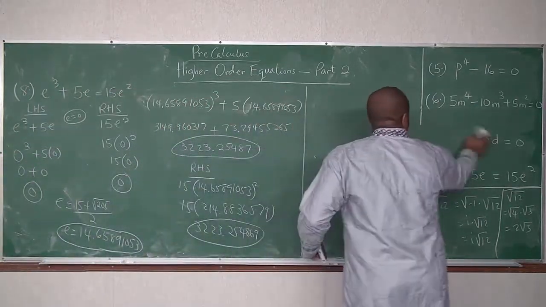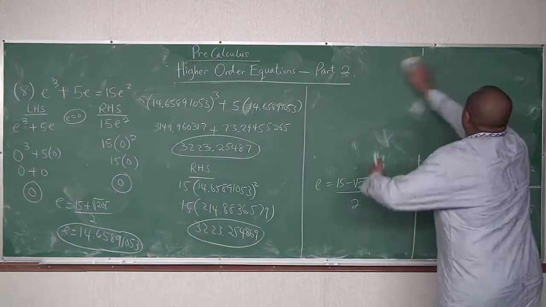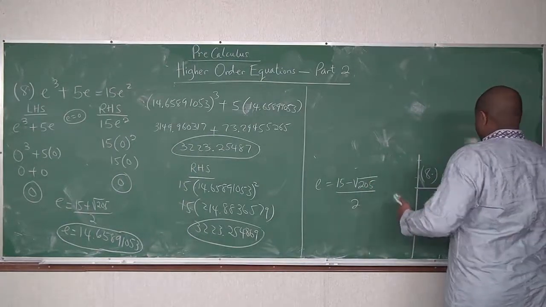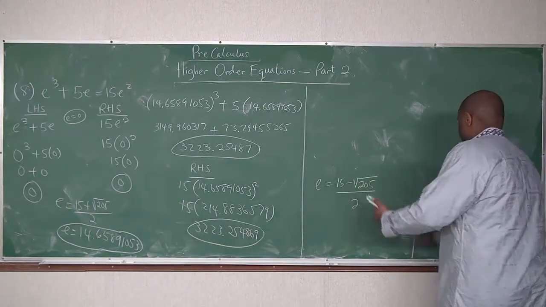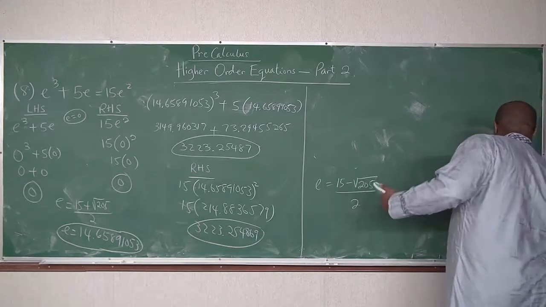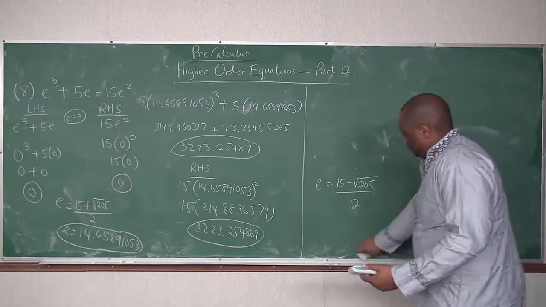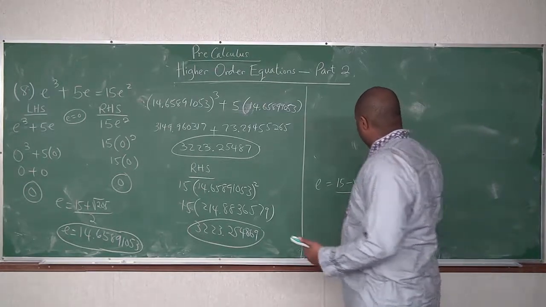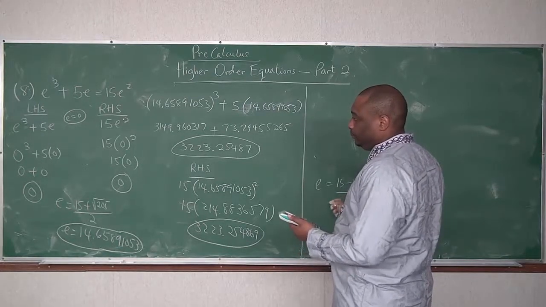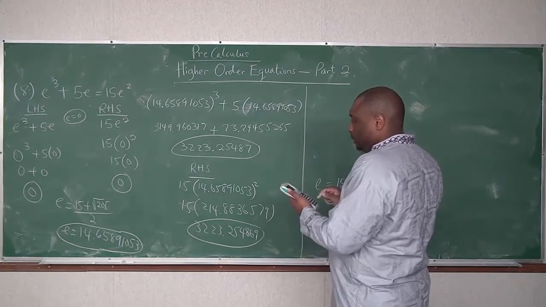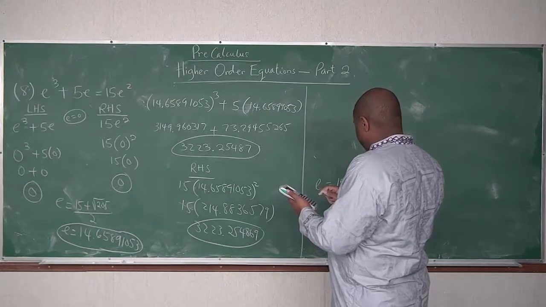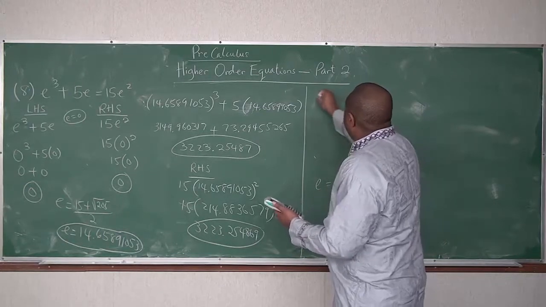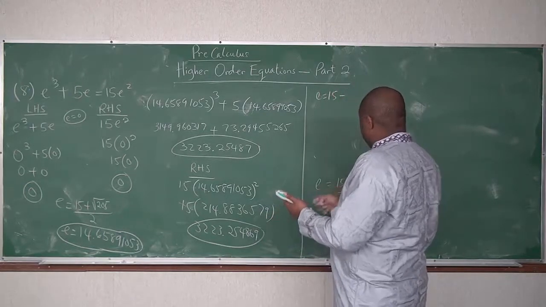Okay, let's check the last one here. We have 15 minus square root of 205.